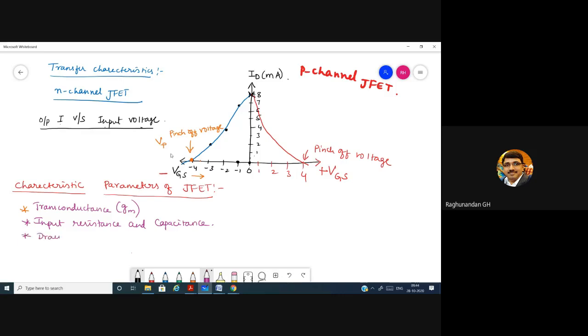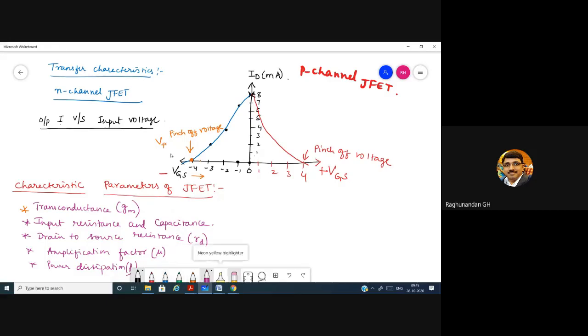Then drain to source resistance rd, amplification factor mu. After that, power dissipation PD. These are the different parameters which are considered with respect to JFET.